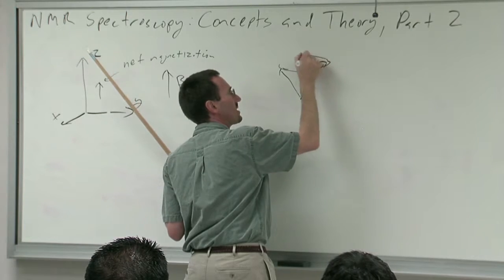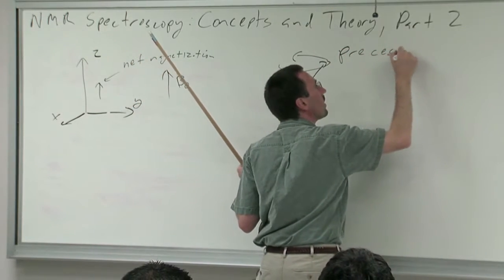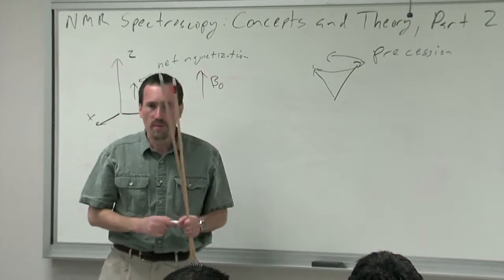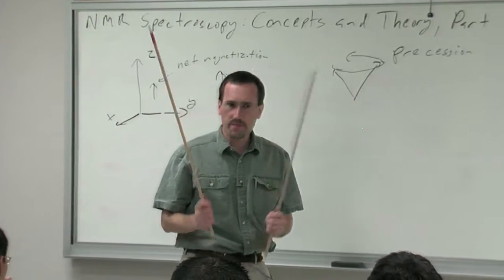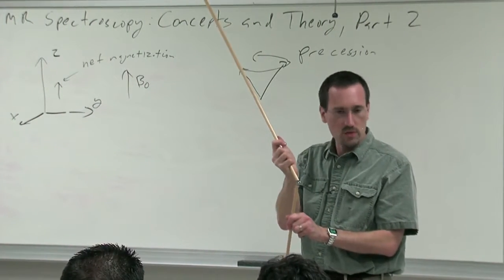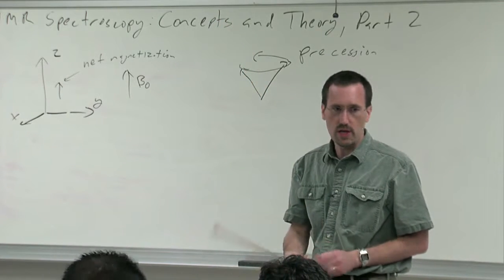They're all precessing around. So remember, this is only the differential population that we're worried about because for every one where you have one up and you have an opposing one spin down, those vectors are going to cancel each other out.